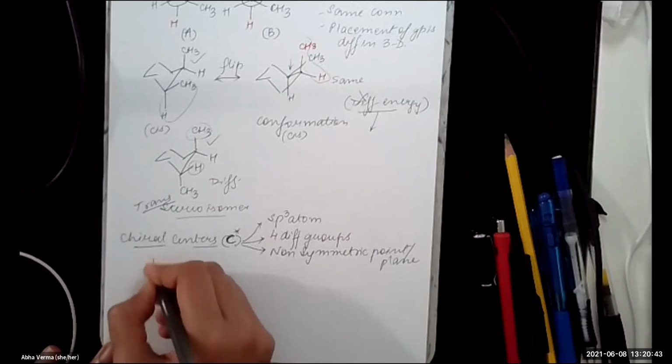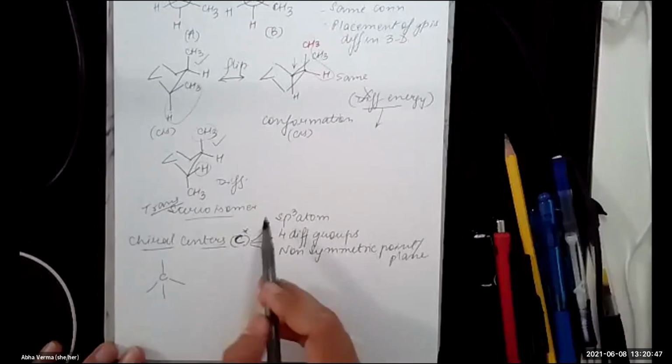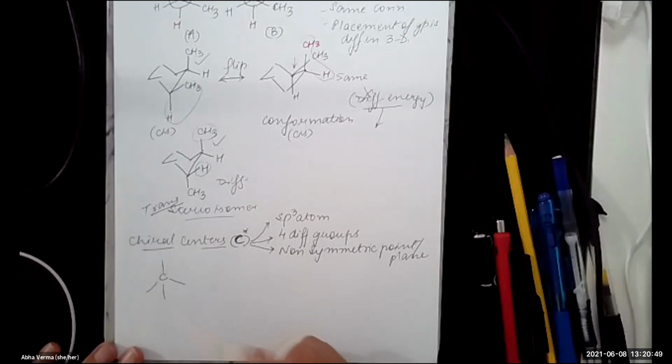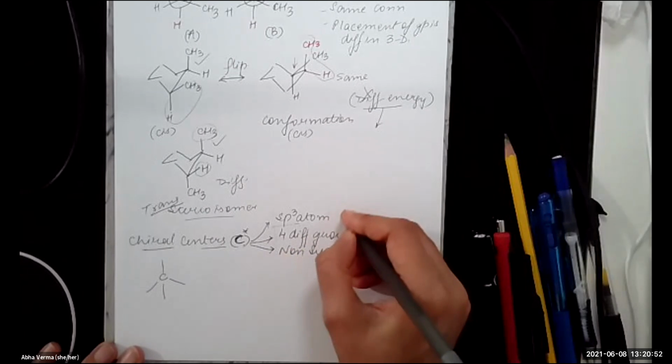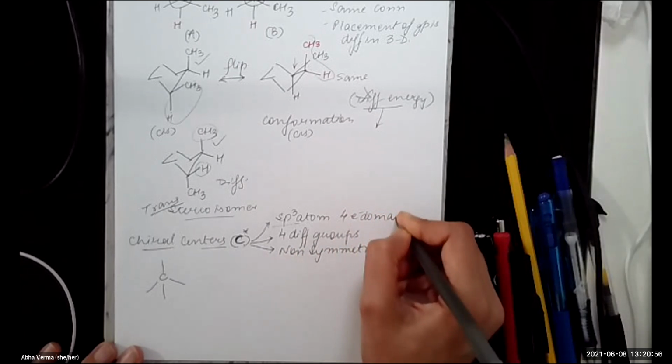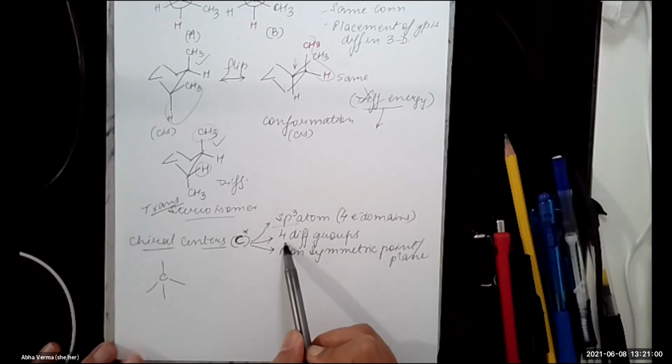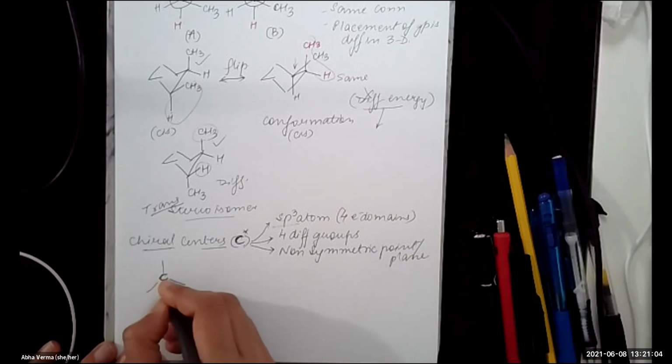So if you think about a tetrahedral carbon, all tetrahedral carbons have 4 bonds. What is sp3? It just denotes you have 4 electron domains around, and that's why you must have 4 different groups around it. Let's focus on this carbon.